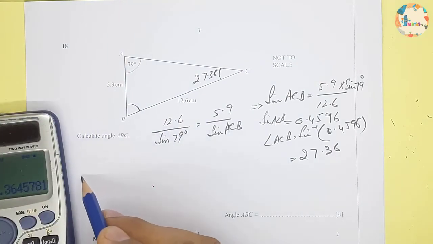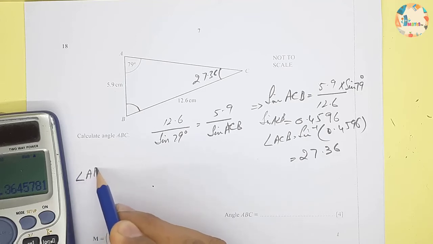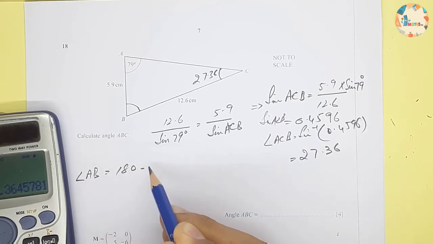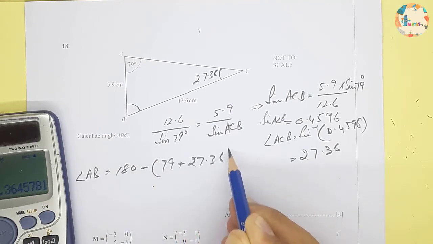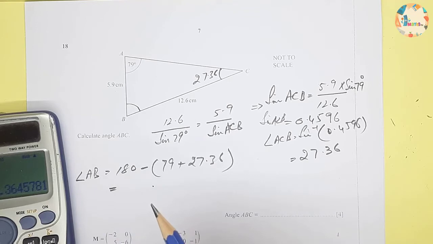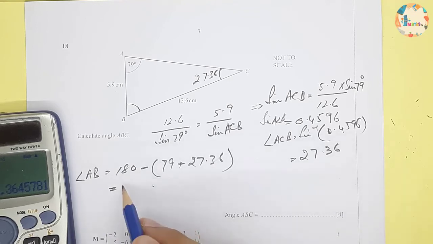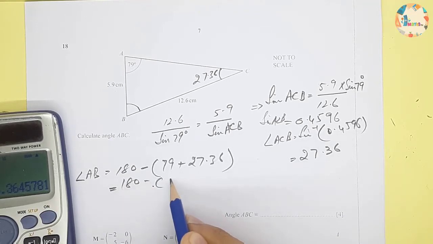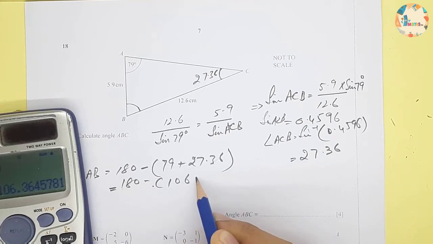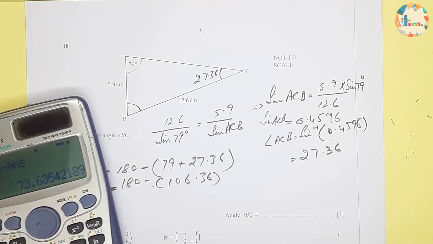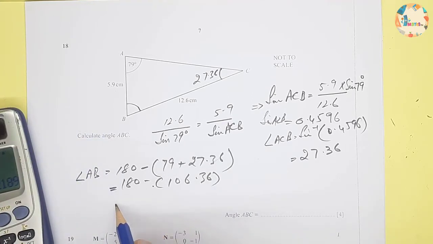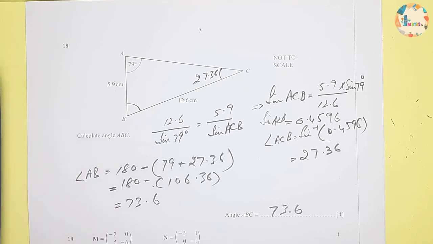So we can write angle ABC will be equal to 180 minus (79 plus 27.36), and this will be equal to 180 minus 106.36, and 180 minus the answer will give us 73.6. So 73.6 will be our answer to this question.